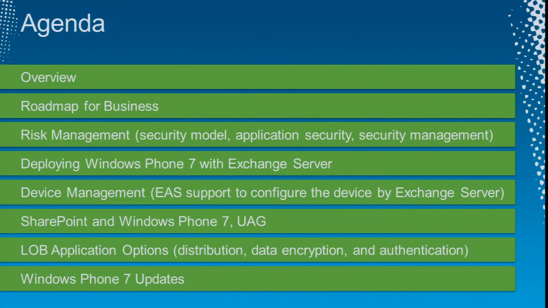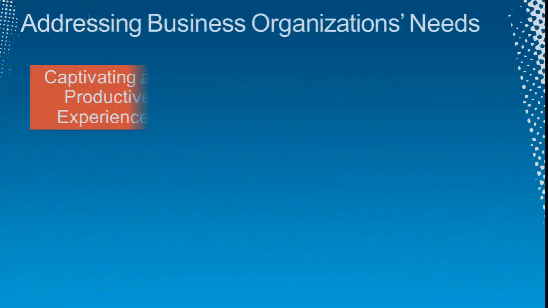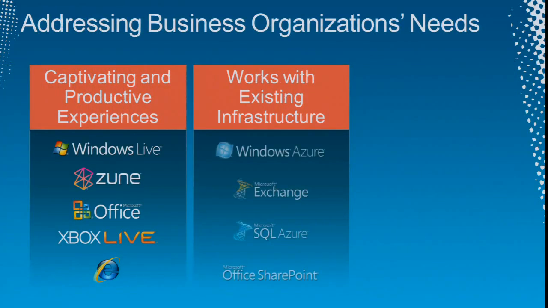We're going to talk shortly thereafter about the device management features that come with EAS, SharePoint, Phone 7 UAG, line of business applications, and distribution methods that we use there. We're going to have a demonstration and some discussion around that. We're going to talk about authentication, data encryption, and also Windows Phone 7 updates. So we've got a lot of ground to cover this morning, so I'm going to try to jump right in here.